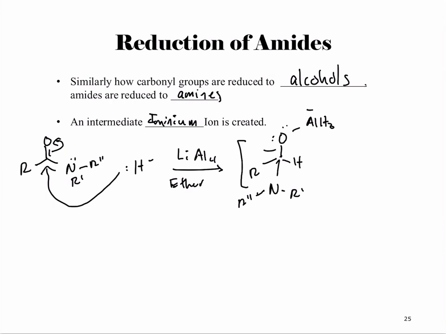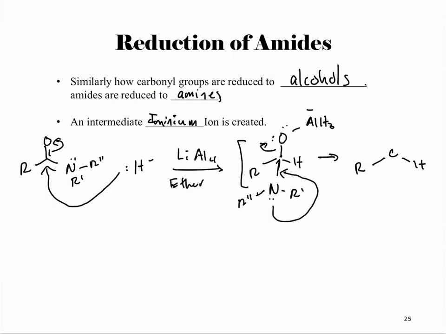And then a double bond will form between the nitrogen and the carbon, what was the carbonyl carbon. And that's because this aluminum is very electron poor. So the oxygen is okay leaving to go try and stabilize those negative charges there. So this is going to form a double bond, which is then going to create our iminium intermediate.